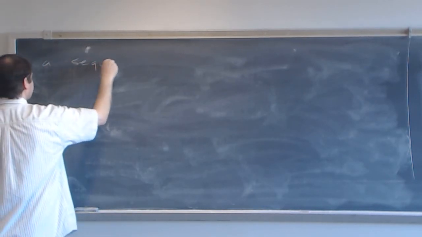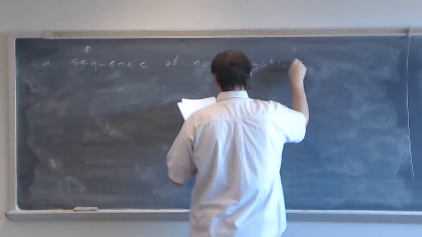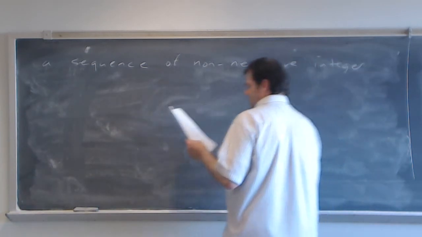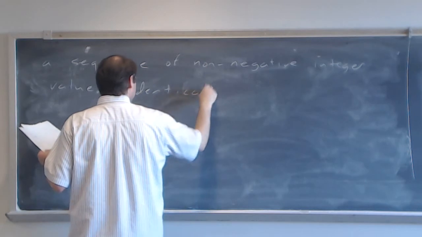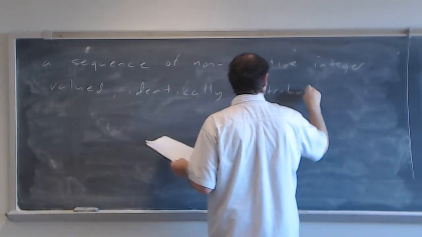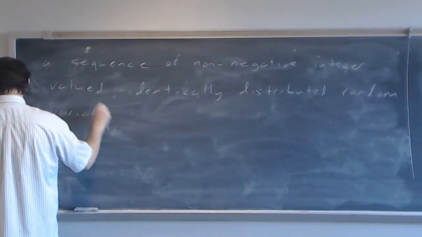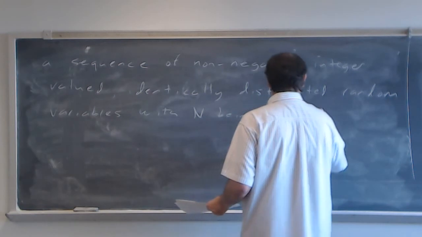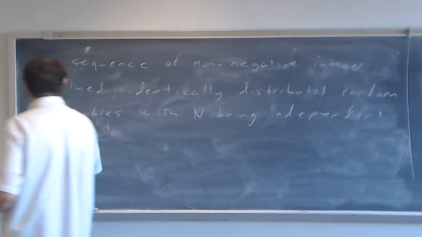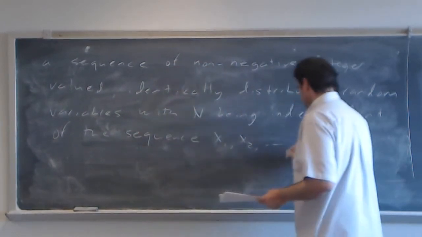Well, I'm going to write more than that. Being a sequence, we want to be able to apply that corollary. So it's a sequence of non-negative integer valued identically distributed random variables, with n being independent of the sequence X of 1, X of 2, forever.